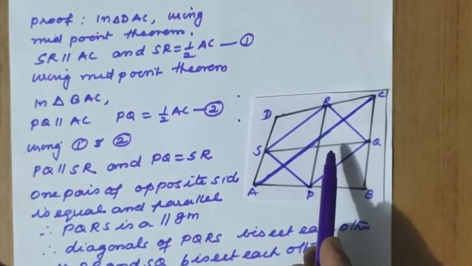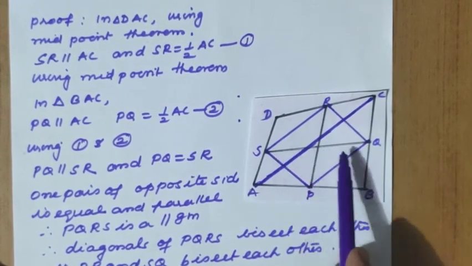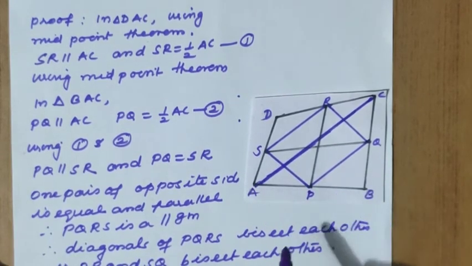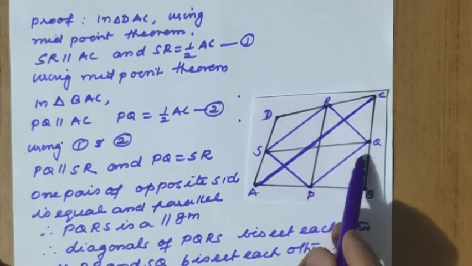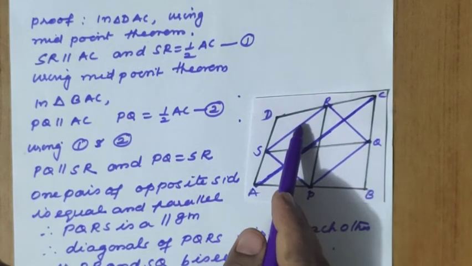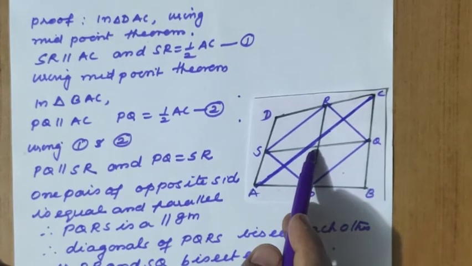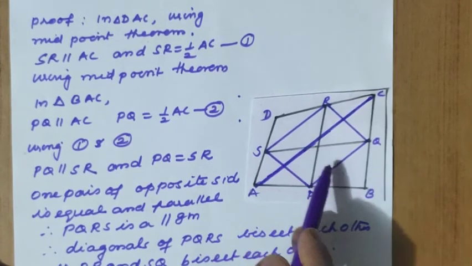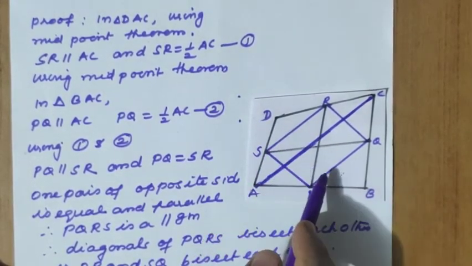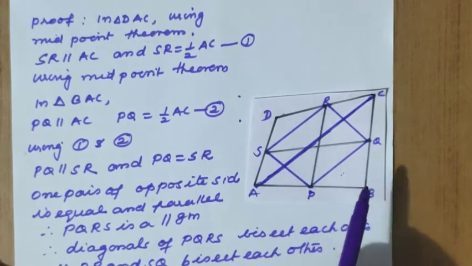Whatever we have joined, PR and SQ, we are showing that they are the diagonals of the parallelogram. For that we showed PQRS is a parallelogram. After joining diagonal AC, by the midpoint theorem, SR and PQ are parallel to AC, and SR and PQ are equal to half AC. That means one pair of opposite sides is equal and parallel, so PQRS is a parallelogram.